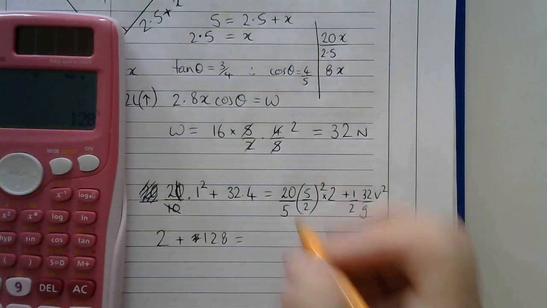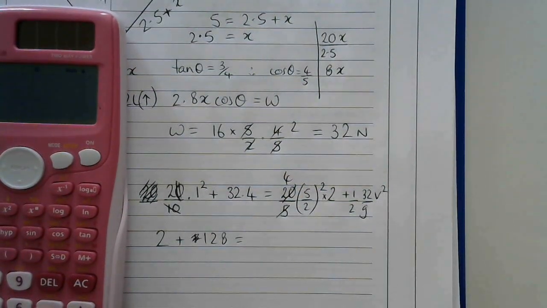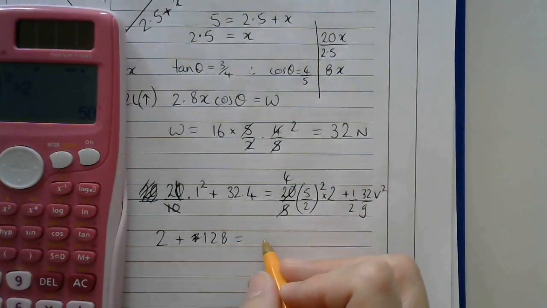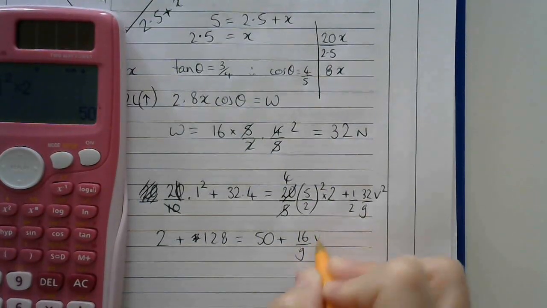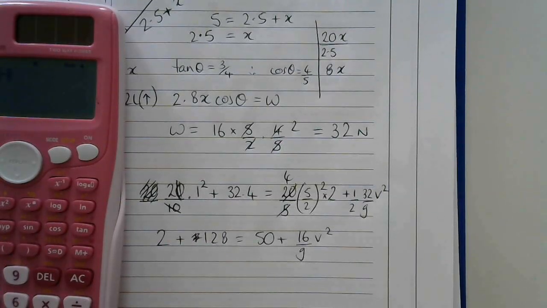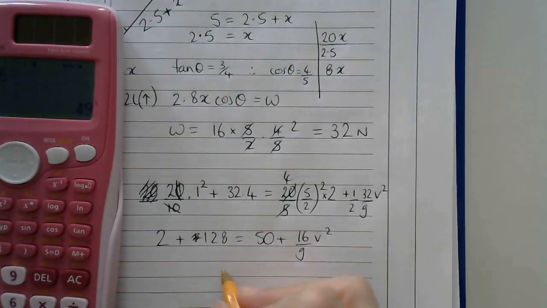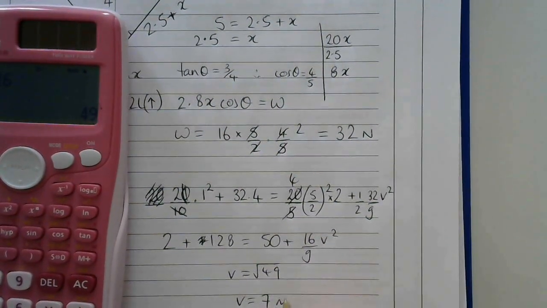Here I've got 20 over 5, which is 4. Okay, so I've got 4 times brackets 5 over 2 squared times 2. And so here I end up with 50, and here I end up with 16 over g v squared. So I get 2 plus 128 minus 50 times by 9.8 divided by 16, and then square rooted, so I end up with v is the square root of 49, which is 7 meters per second.